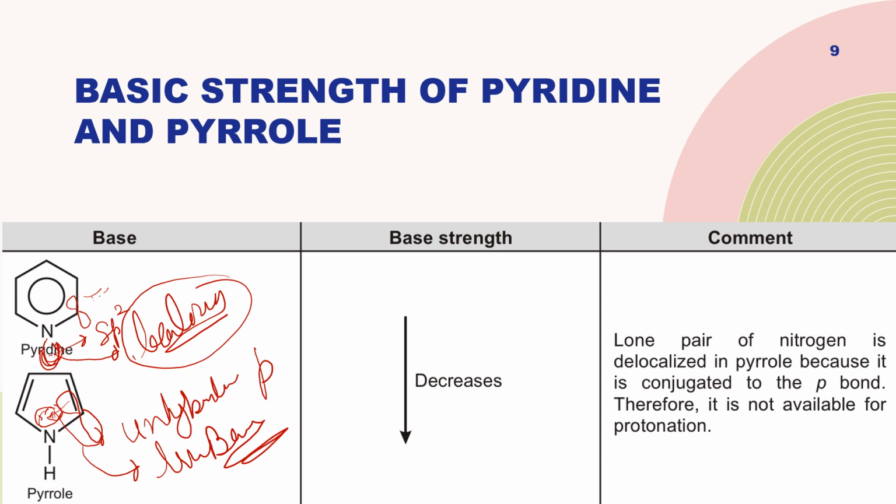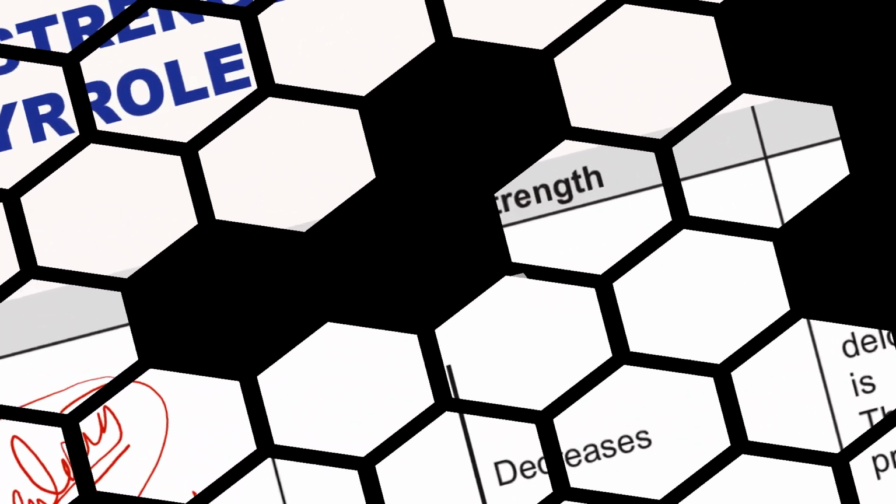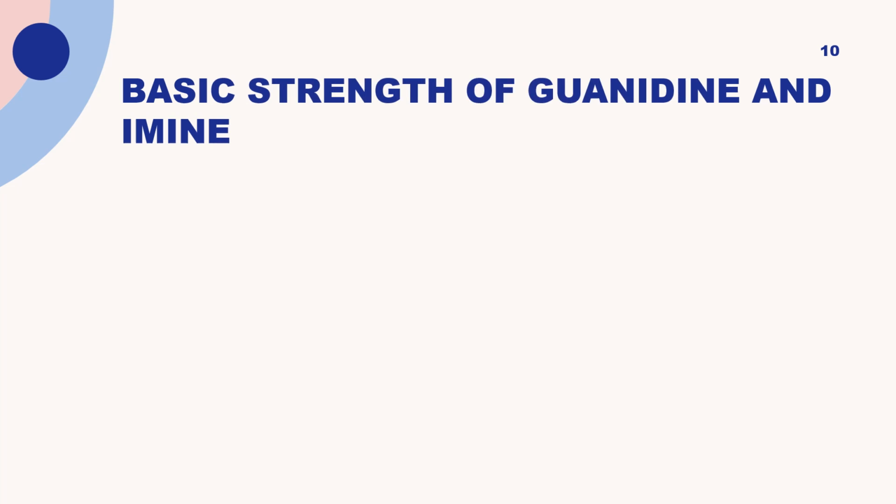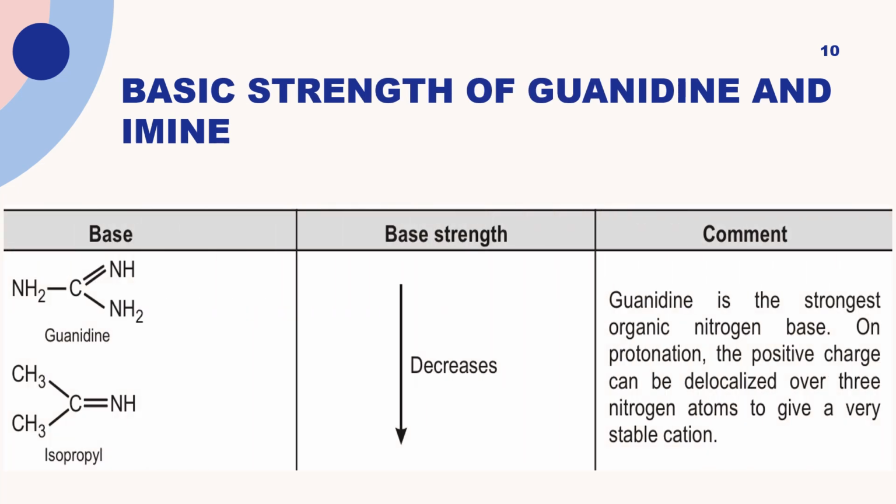Let's see another example. The example is the basic strength of guanidine and imine. We know guanidine is the strongest organic nitrogen base. It's very important.